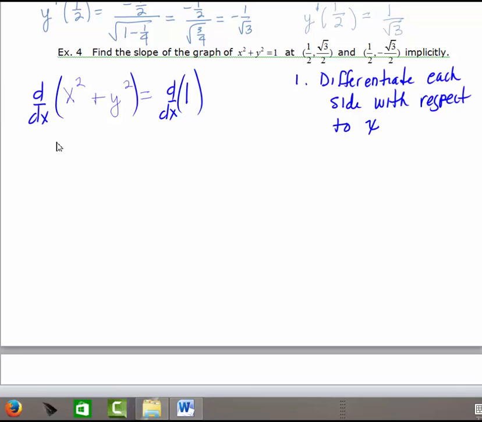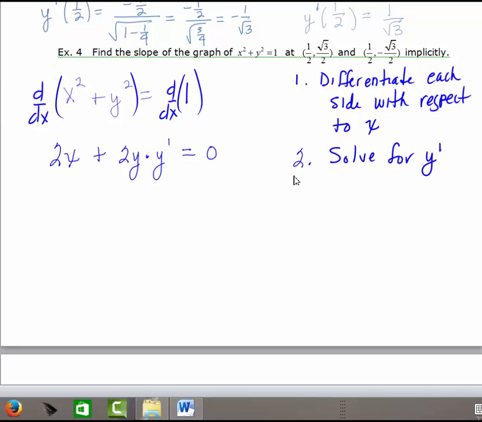The derivative of x squared is 2x. When I take the derivative of some y expression in terms of x, I really need to think of the chain rule because that y is a function of x. And so I would say 2y times the derivative of y with respect to x, which would be y prime. On the right hand side, I'll have the derivative of 1, which is 0.